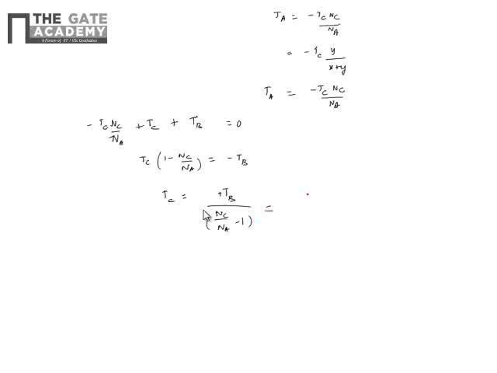NC by NA is nothing but omega C by omega A. Instead of writing the ratio in revolutions per minute, I can write it in radians per second, it doesn't matter, since multiplying 2 pi by 60 applies to both numerator and denominator. So this is what I get: TC equals TB divided by omega C by omega A minus 1. So the answer for this is option B.